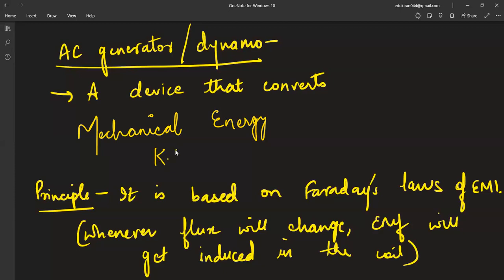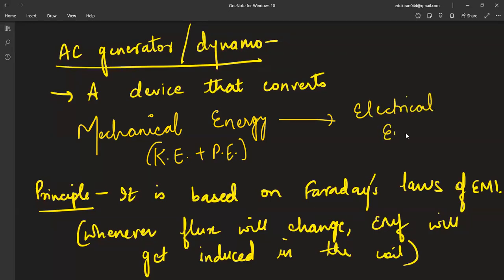Mechanical energy is the sum of kinetic energy plus potential energy. So it's a device that converts mechanical energy into electrical energy. Mechanical energy means through movement.